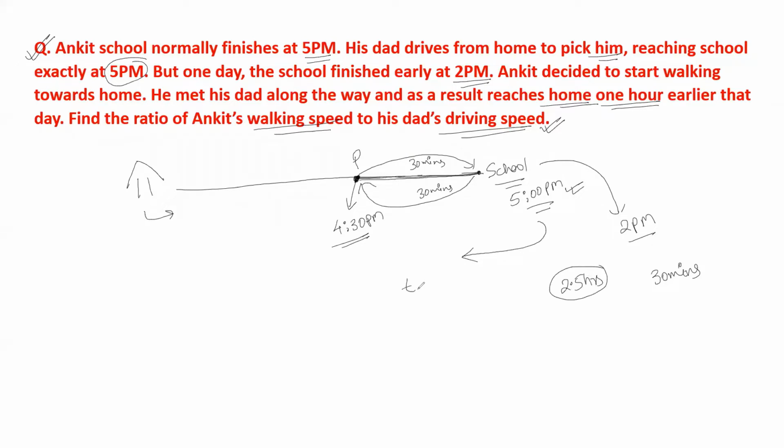So the ratio of the time taken by Ankit and time taken by Ankit's dad's car would be simply 2.5 and 0.5 hour, that is 5:1. So this is the ratio of the time. So the ratio of the speed of Ankit and his dad would be the inverse of this, that is 1:5.